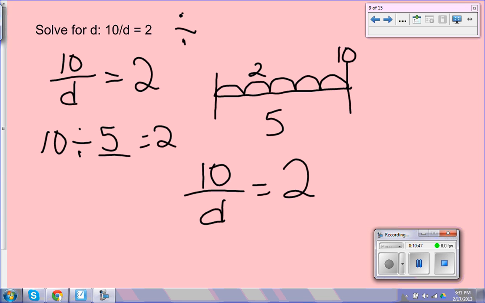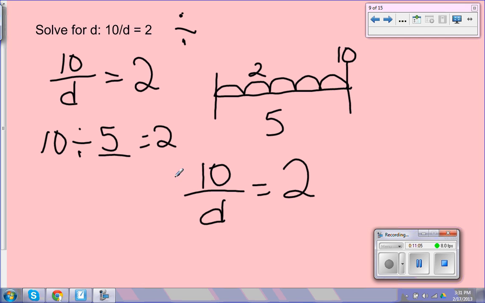We actually have an extra step involved with this. And so I wouldn't always recommend this strategy while you're first figuring out how to solve these problems. But in this case, I'm going to actually get this d over here, and then I'm going to solve by moving the 2 over here.